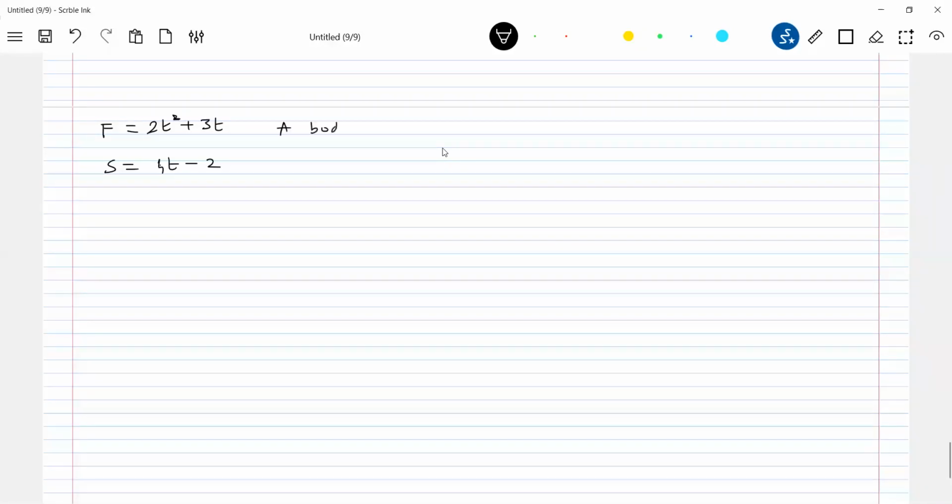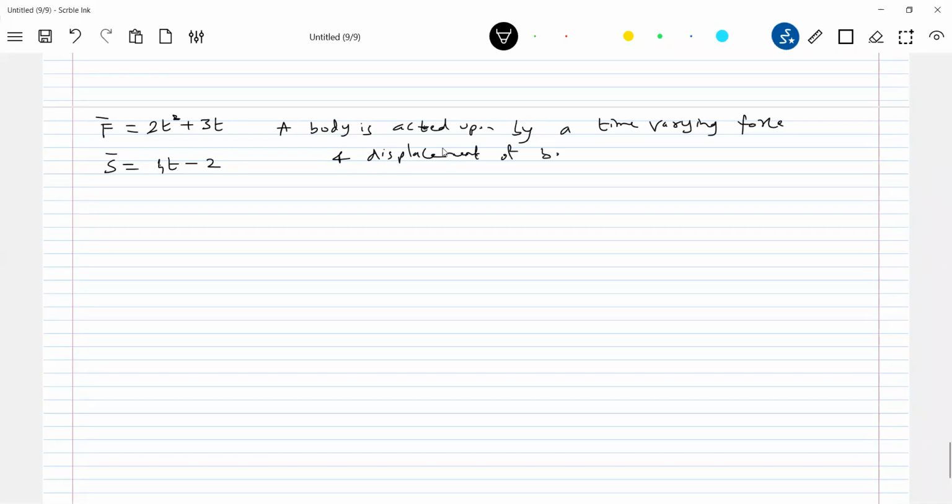So a body is acted upon by a time varying force, I'll call it like this, and the displacement of the body is given by, now this is just math based, S bar equal to 4t minus 2.